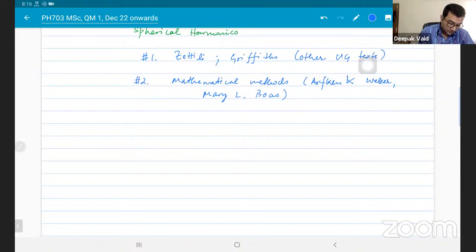So spherical harmonics are solutions of Laplace's equation. Or I should say, they are eigenstates of the angular Laplacian.